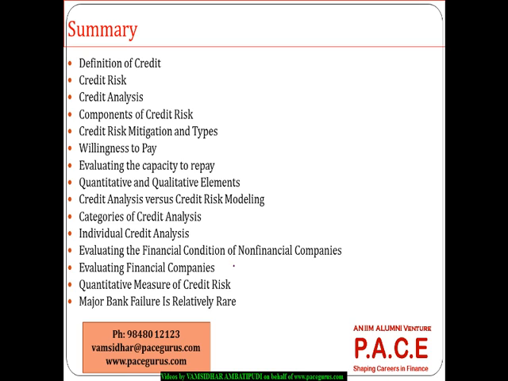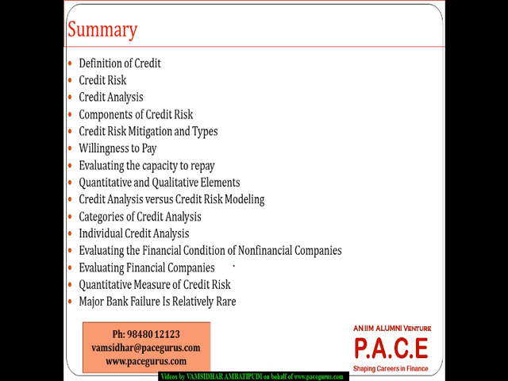So that's what we wanted to look at as a part of this credit decision. Understanding the definition of credit, looked at credit risk, credit analysis, the components of credit risk, different types of mitigants, speaking about the willingness to pay, how do I look at the capacity to repay, looking at quantitative and qualitative elements, differentiating between credit analysis and credit risk modeling, different categories of credit analysis focusing on individual, non-financial companies and financial companies.